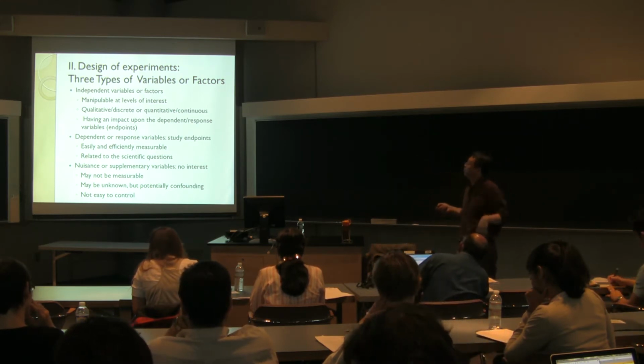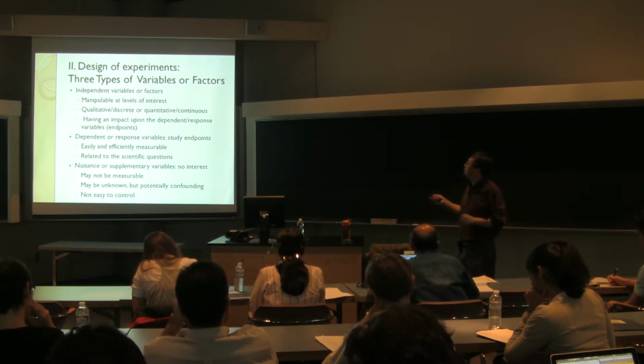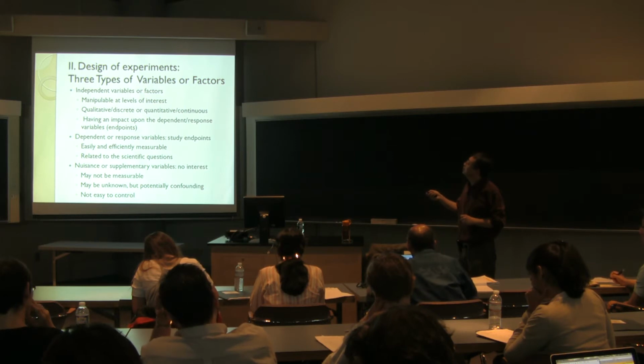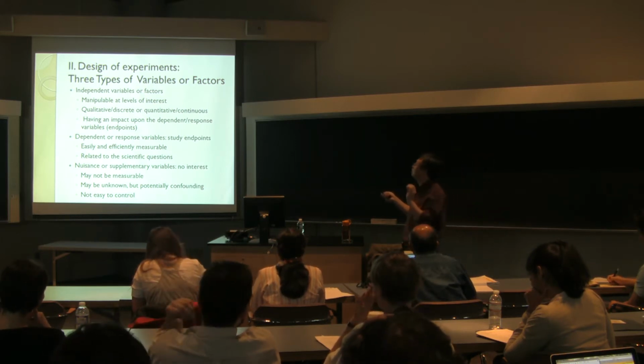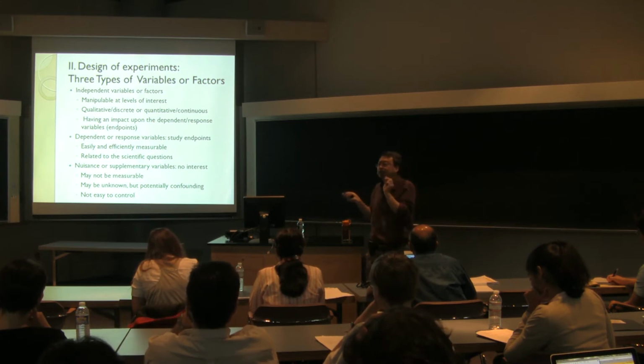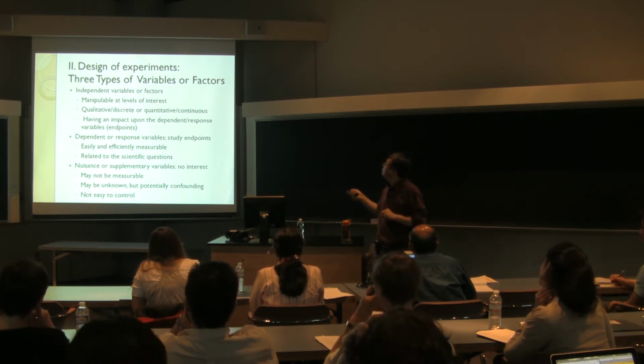So it can be quantitative or qualitative, and these independent variables or factors must have an impact on the dependent or response variables, or the endpoints, because that is what you are trying to measure. So this is the independent variable.